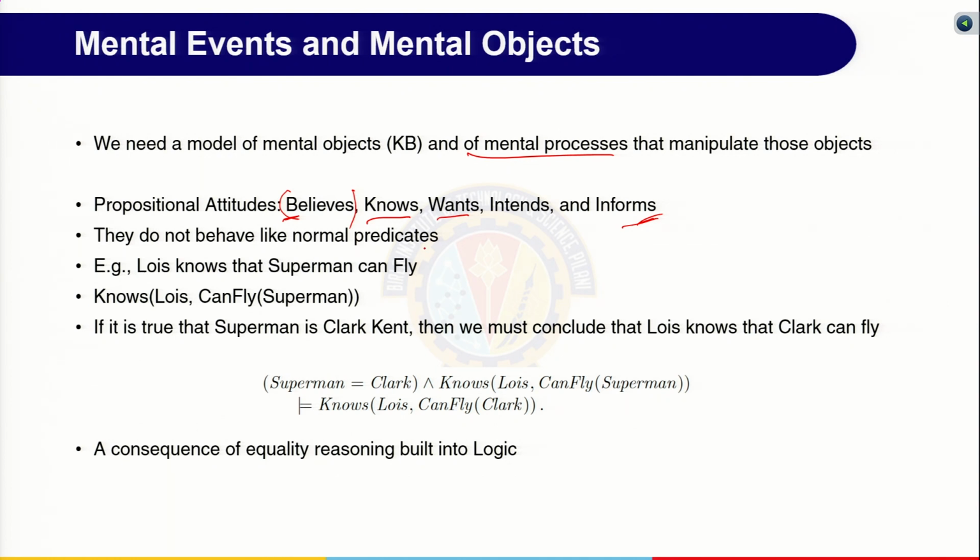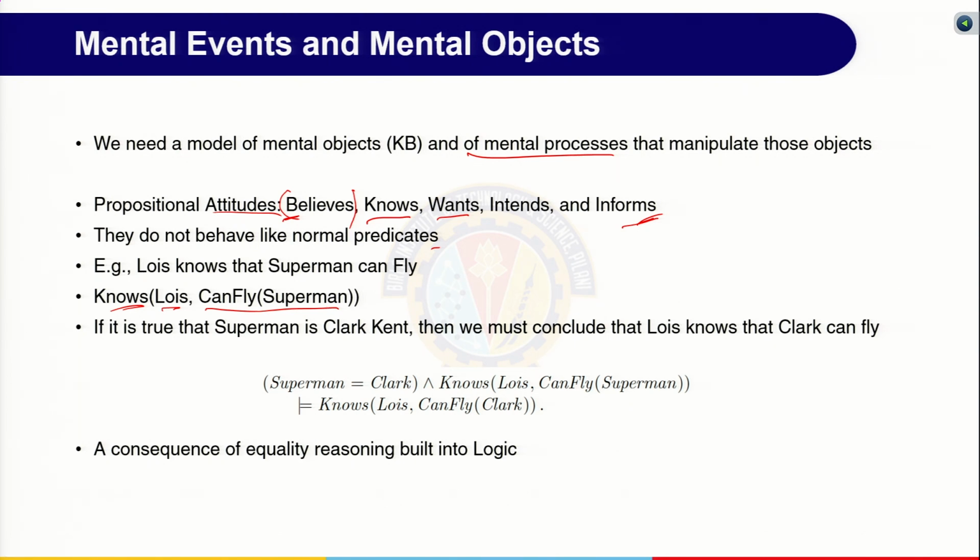So they do not behave like a normal predicate. For example, Lois knows that Superman can fly. This can be represented using the propositional attitude knows, with Lois and Superman can fly.